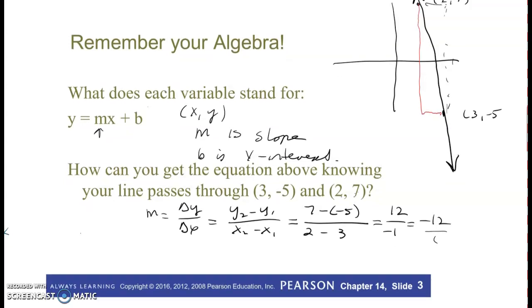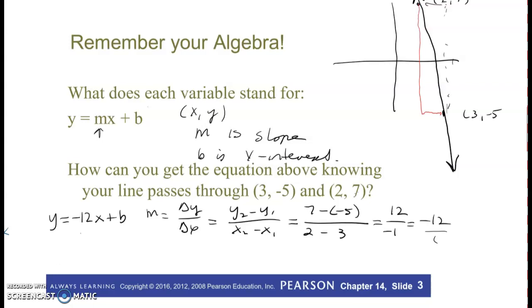Now, so far, I have y equals -12x plus b. So the question is, how do I get that y-intercept? Well, we can see from our graph it's going to be a large positive number.